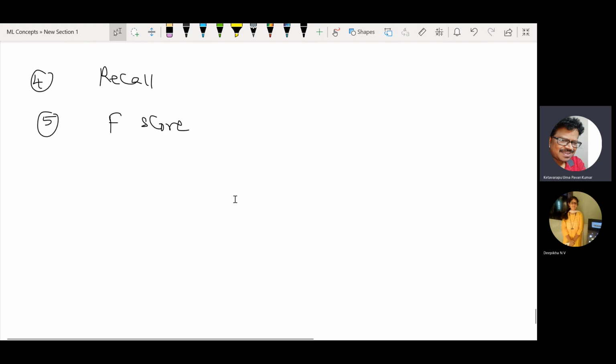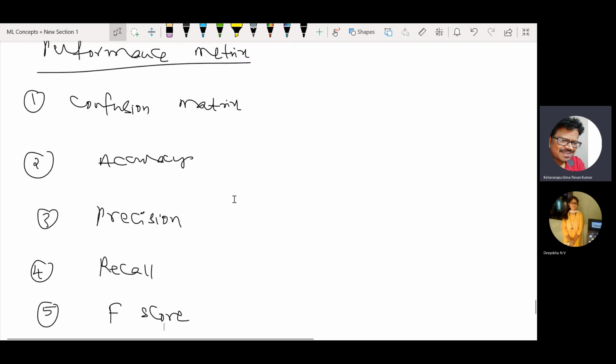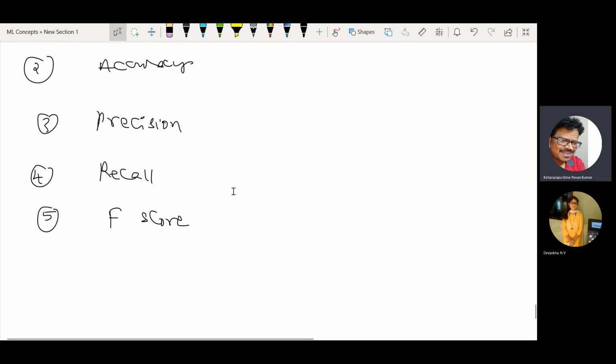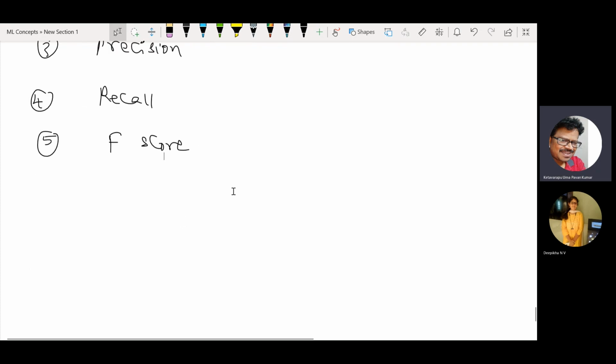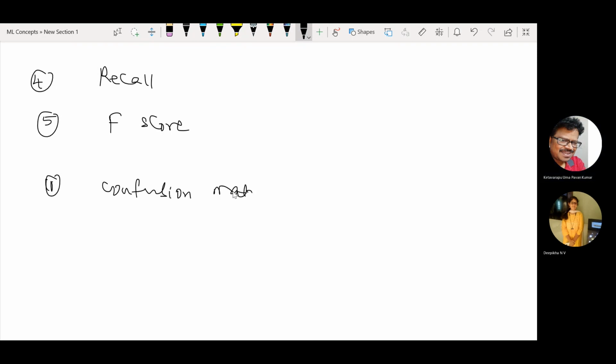Though we discussed the confusion matrix earlier, without mentioning its terminology we cannot handle accuracy, precision, recall, all these things. So let me introduce that first. How does this confusion matrix help us?